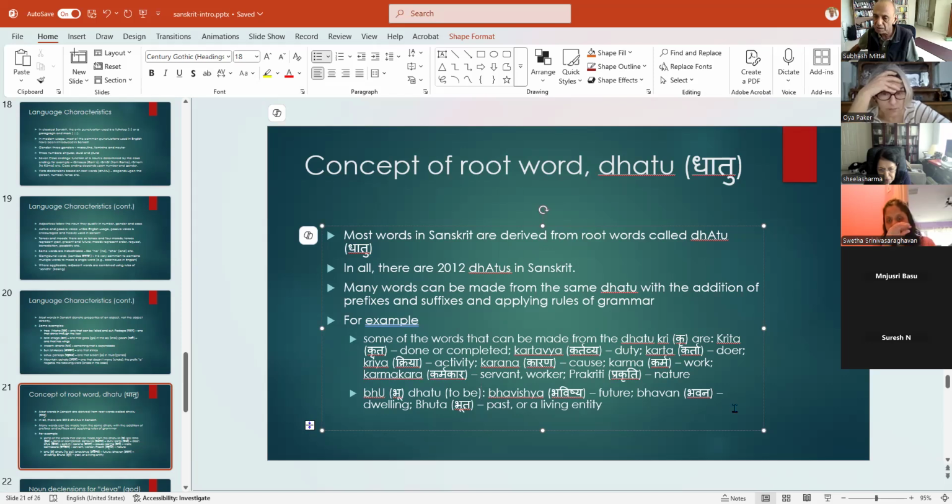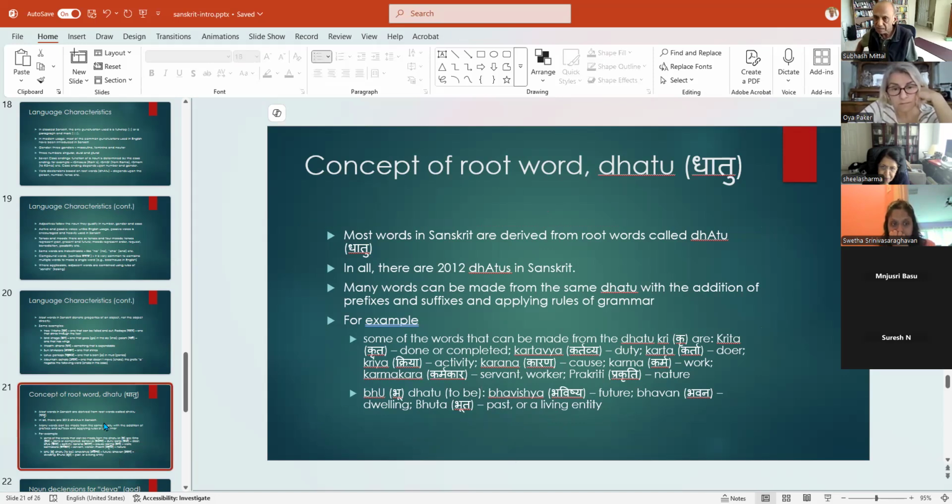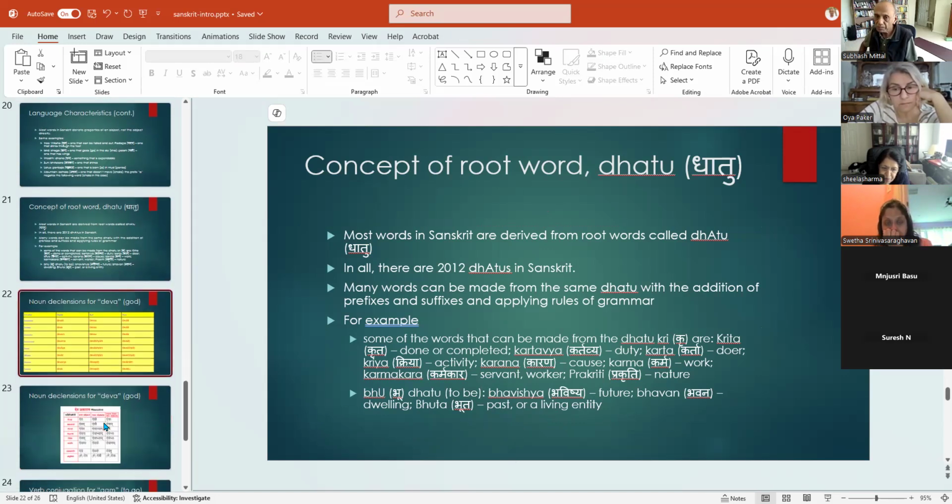Bhavishya is future. Bhavana is a dwelling or a building. Bhuta is either the past or any living entity is called bhuta. Also, a ghost is called a bhuta. All kinds of different words. So that's the dhatu.